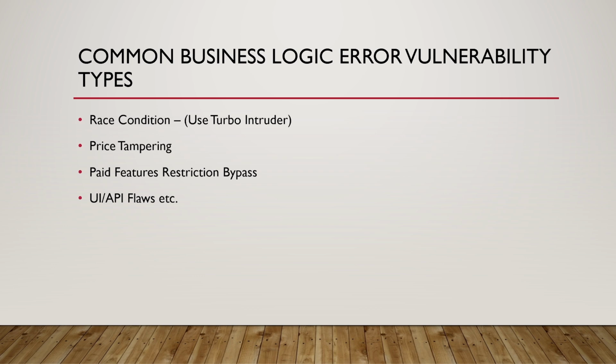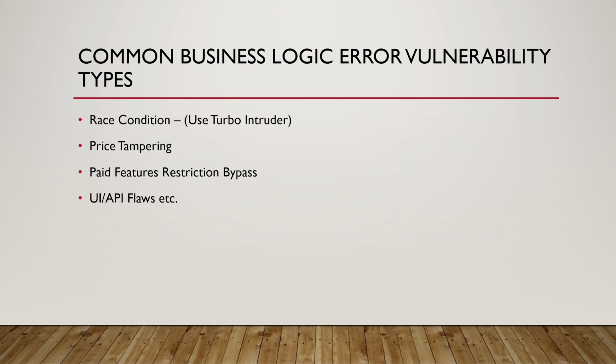For example, if there is an item of 1,000 rupees and I have a coupon code that gives me a discount of 10 rupees, the intended behavior of the application is that I am only supposed to use that coupon once on that item.